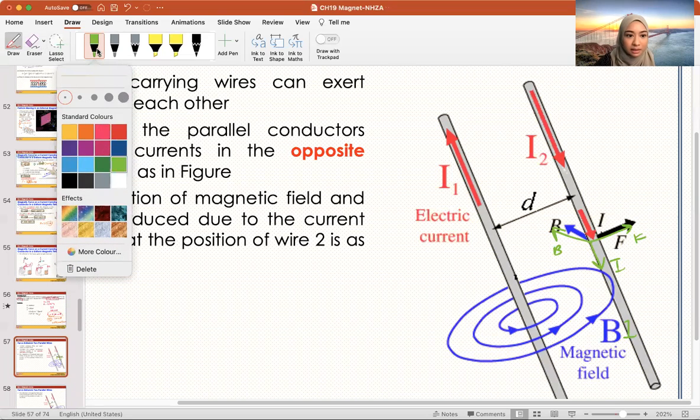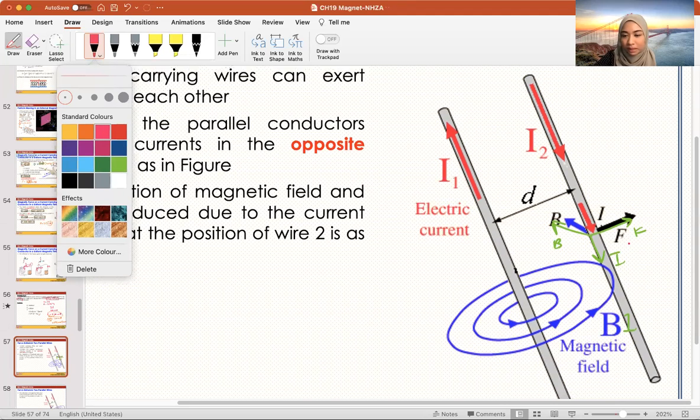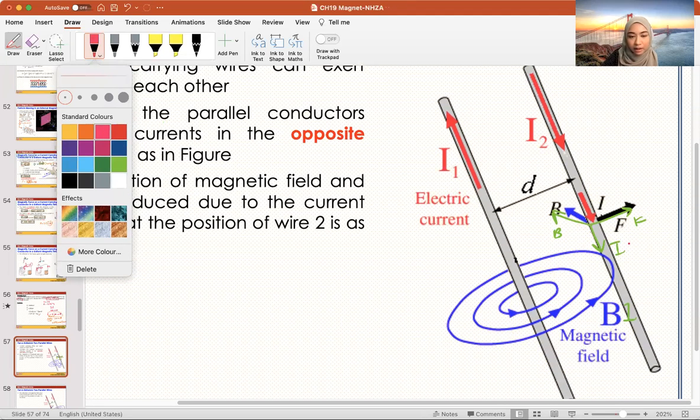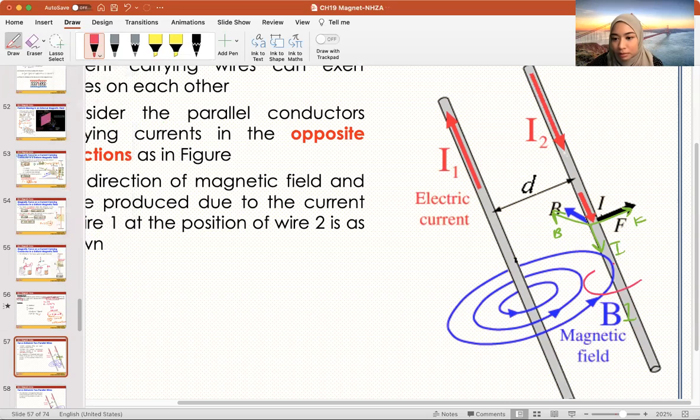So what happens there? Let's use a different color for that. Again, using your right hand screw rule, going down, the magnetic field is going clockwise, right? If I draw it clockwise, is this clockwise? Oh no, it's reversed. This is clockwise.